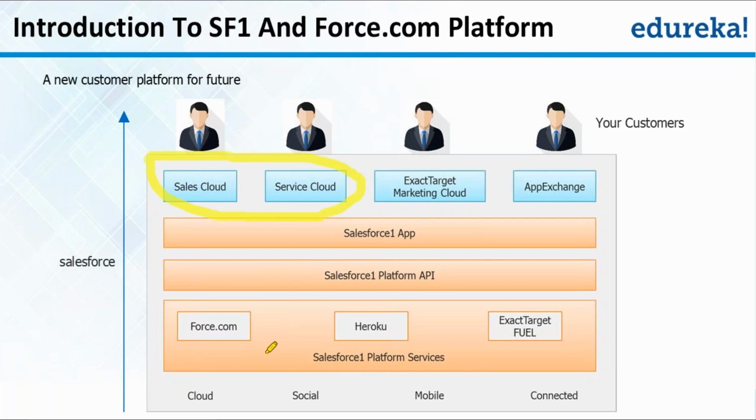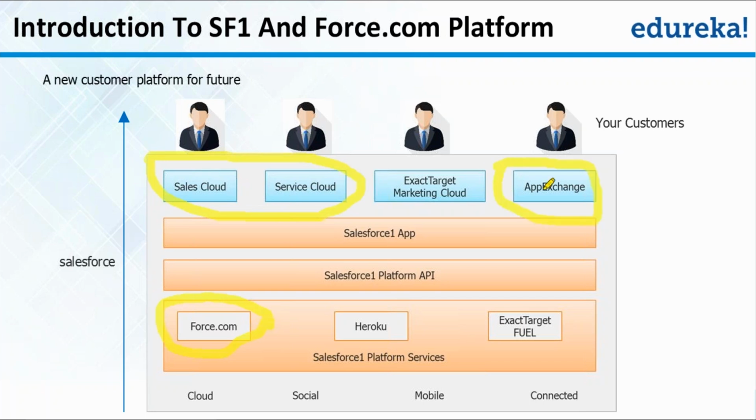This is where everything started off a long time back. The force.com is the core platform, a self-sufficient database. It has its own app layer. Then it has the sales cloud and service cloud modules. And then, of course, the app exchange.